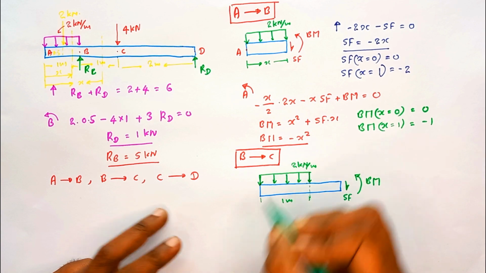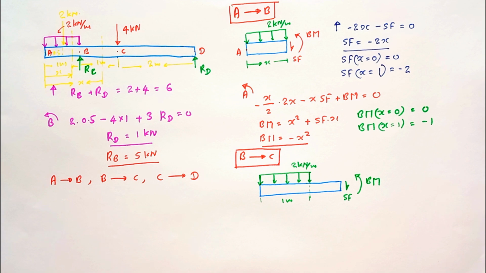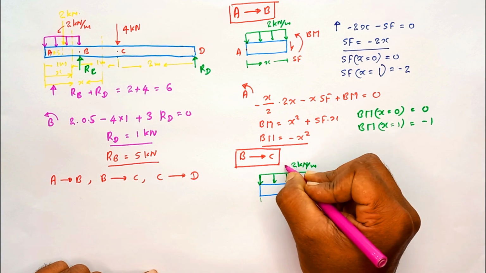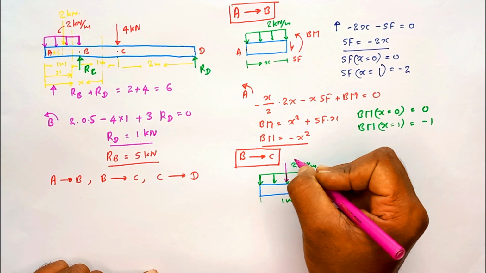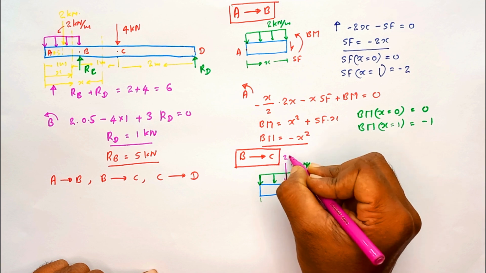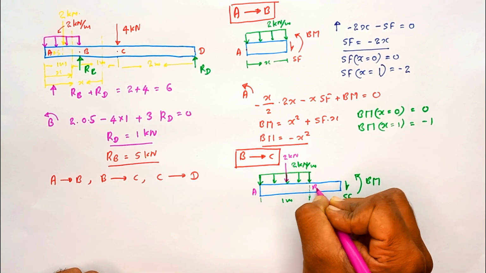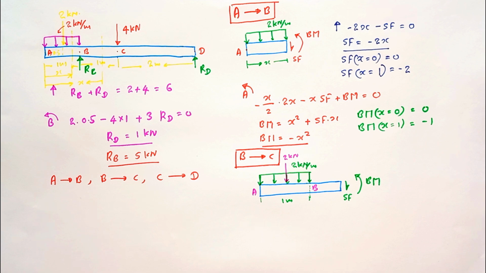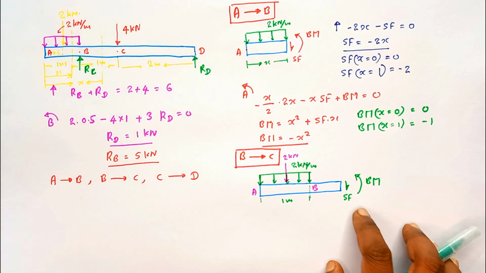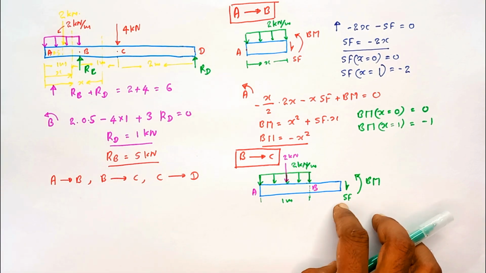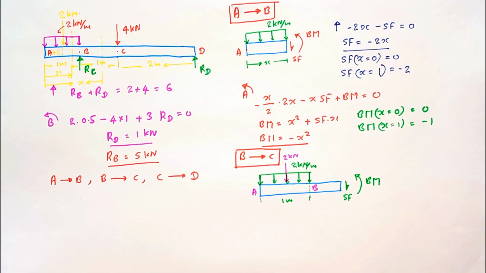So its magnitude, let me mark it as well, is equal to 2 kilonewton. This is A point, this is B point. Then these are all the forces acting on this separated beam part. So we are going to obtain the equations for bending moment and shear force considering the equilibrium of this separated beam part.